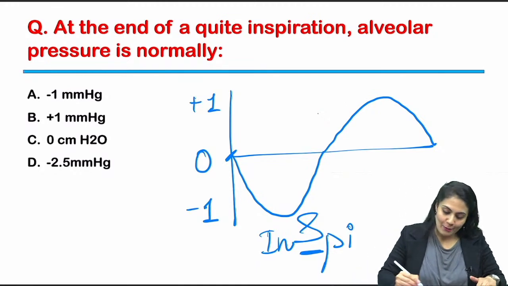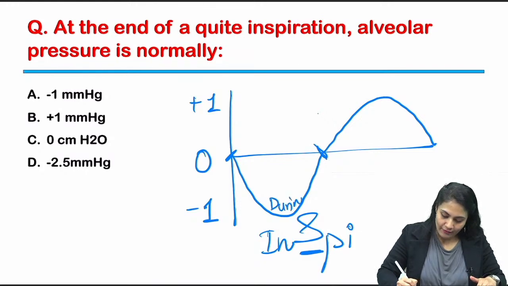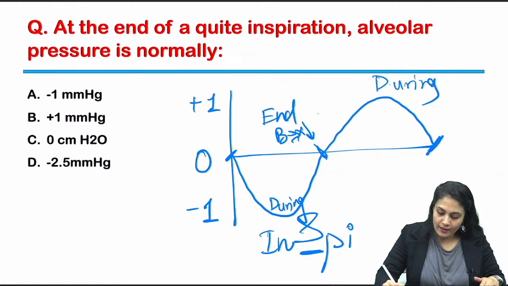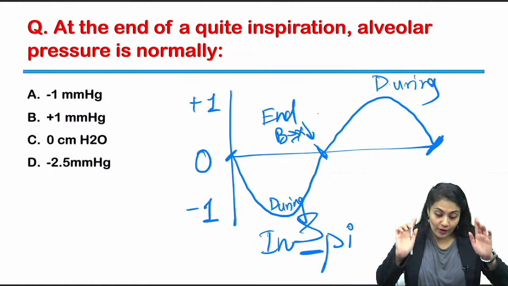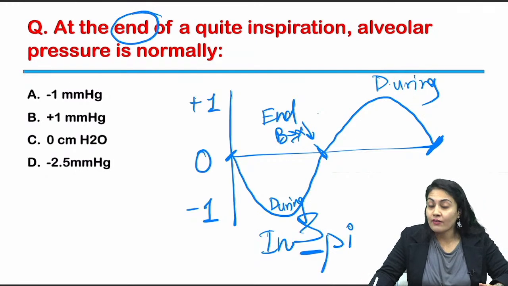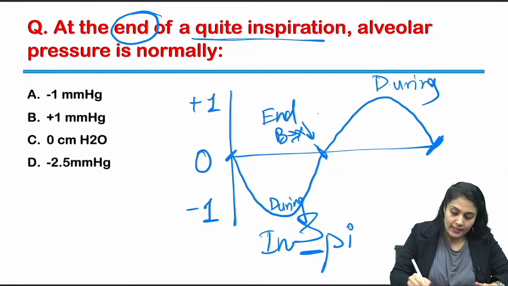+1 and -1. Yes, but remember, over here they haven't asked us about the during phase. When they ask about the end of inspiration or the beginning of expiration, please remember, read the question very carefully. End of quiet inspiration.